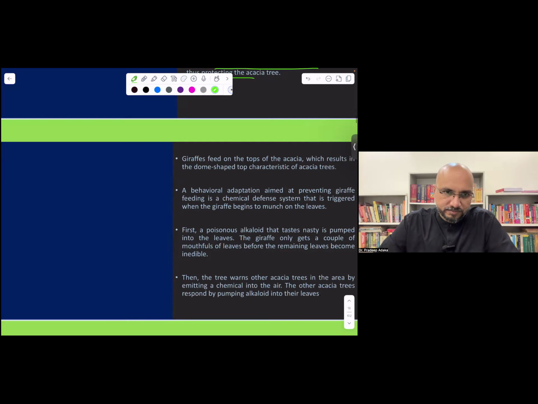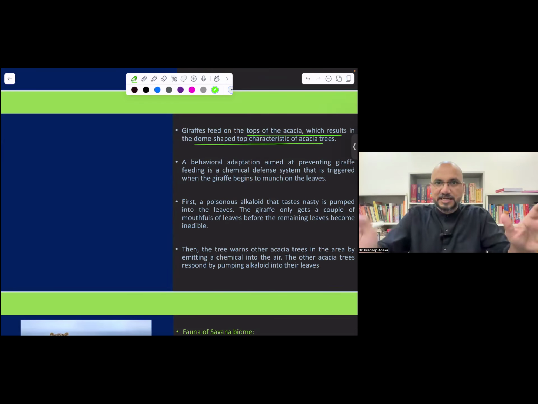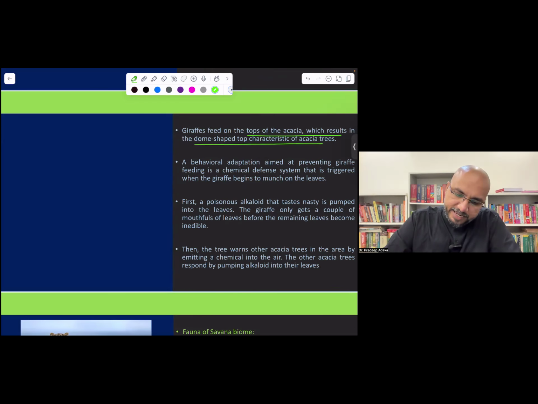Now giraffes feed on the top of the acacia, which results in its dome-shaped characteristic. That umbrella shape is because of the giraffe eating from the top of the tree. One adaptation aimed at preventing giraffes from feeding on the trees is the chemical defense system.